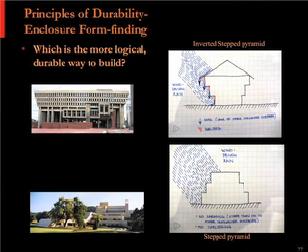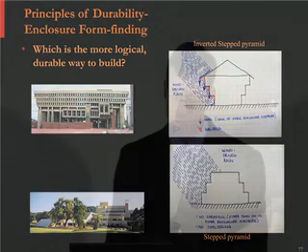So why is that more logical from a durability standpoint and what I'm calling enclosure form finding? Well, if you think about the basic wedding cake or the step pyramid at the lower right, when it rains, every single surface is just getting soaked. There's no sheltering, there's no shedding, there's nowhere to run and nowhere to hide.